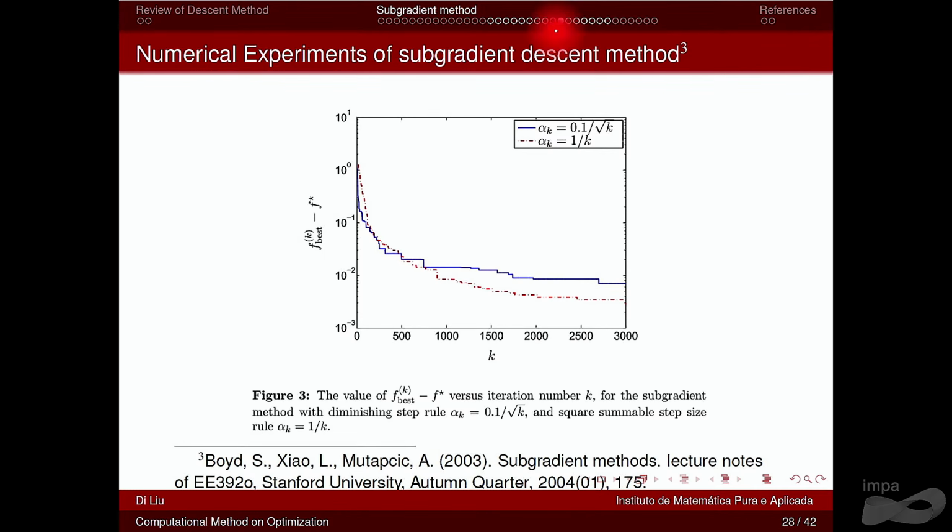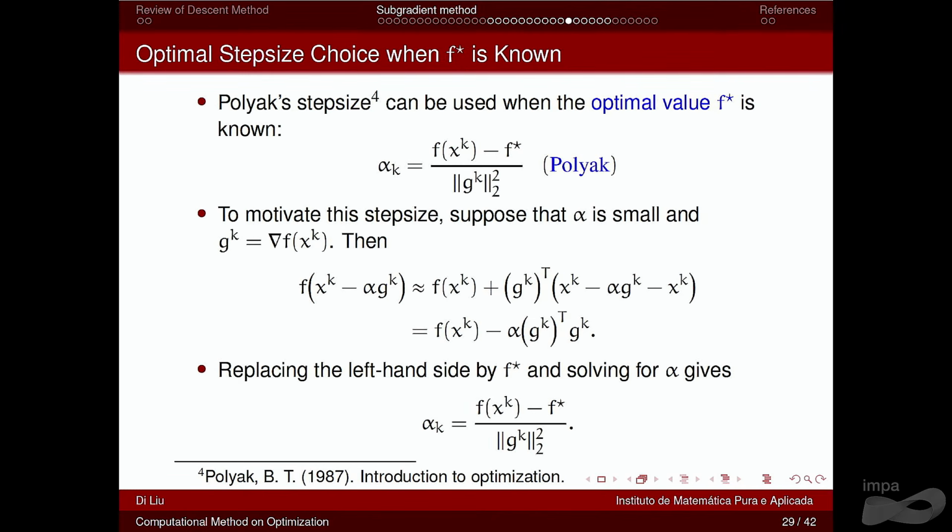We can say both of these step sizes give you a decreasing function value sequence. And next we will introduce a very special case of the step size, which is called Polyak step size. In this case, we need to assume this f x star is known.